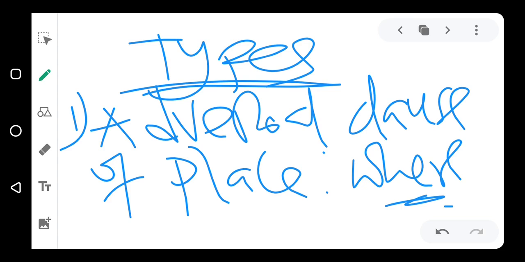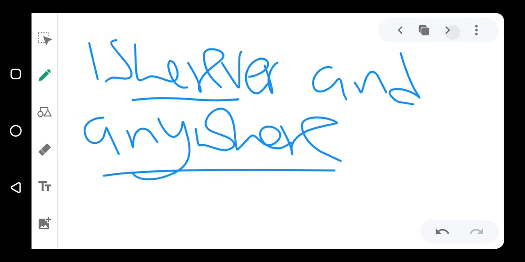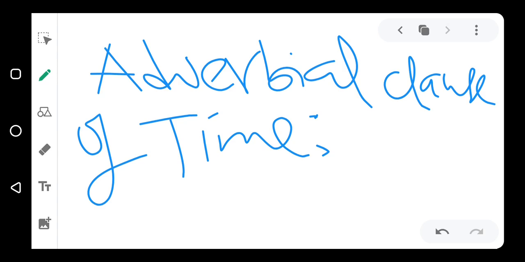These markers identify it: where, anywhere, and wherever. And when we are trying to identify the time when a verb takes its action, we use adverbial clause of time. And adverbial clause of time is identified with the following markers.